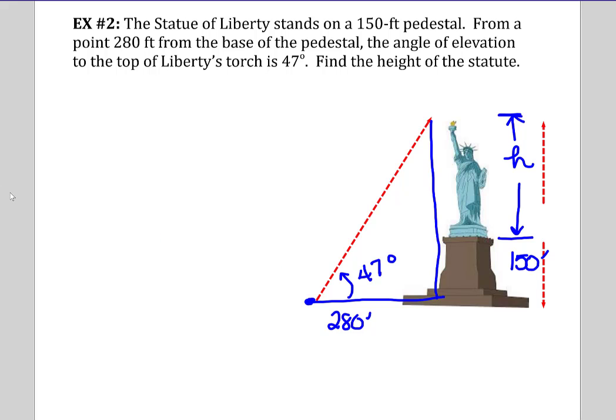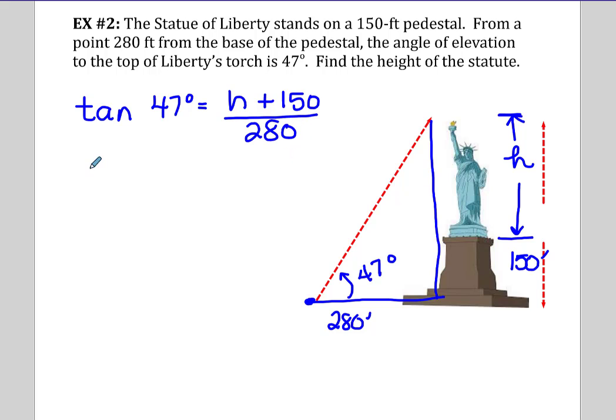So we can find the height of the Statue of Liberty itself by using, again, the tangent of 47 is the height plus the pedestal divided by the 280 feet that we're standing away. So using our calculator, 280 times tangent of 47 is going to be the height plus 150.